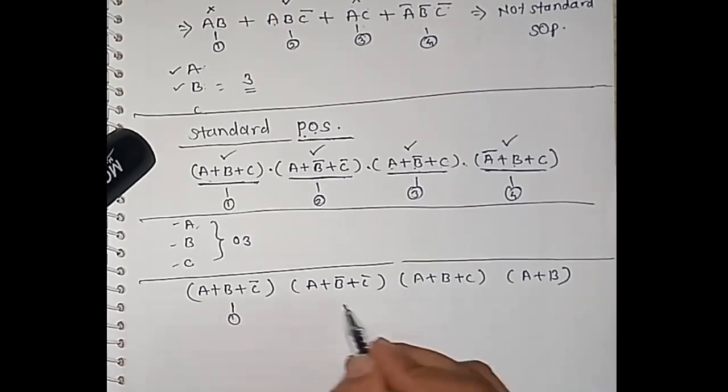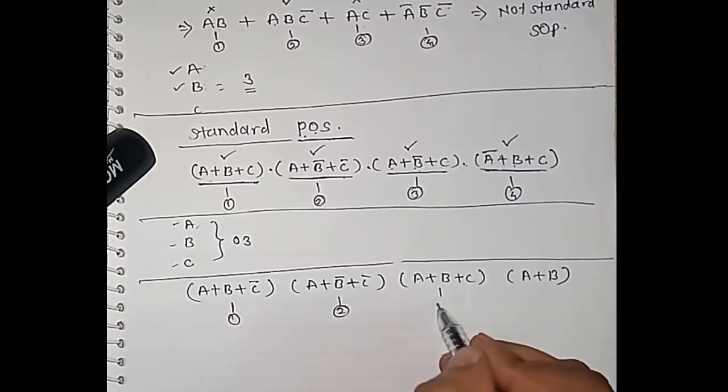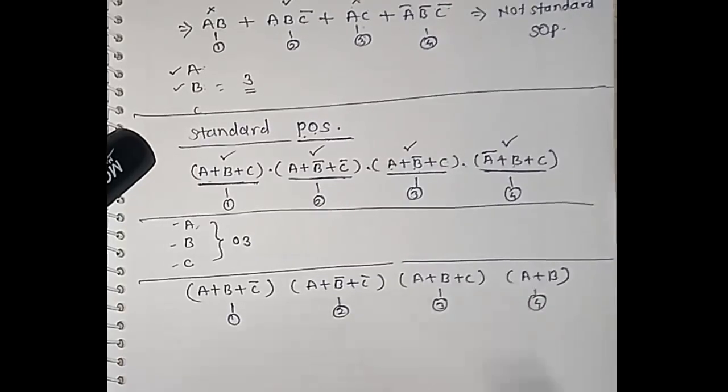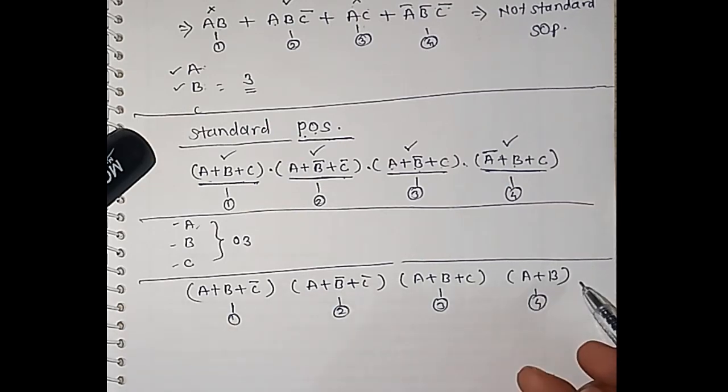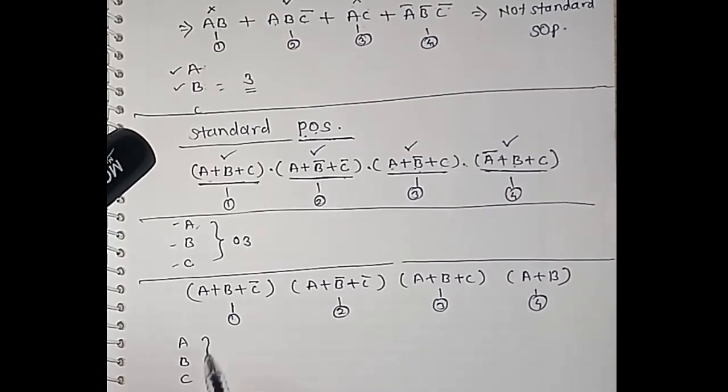This is the first sum term, second, third, and this is the fourth. First we have to find out the number of literals. So here also there are 3 literals in this given equation.